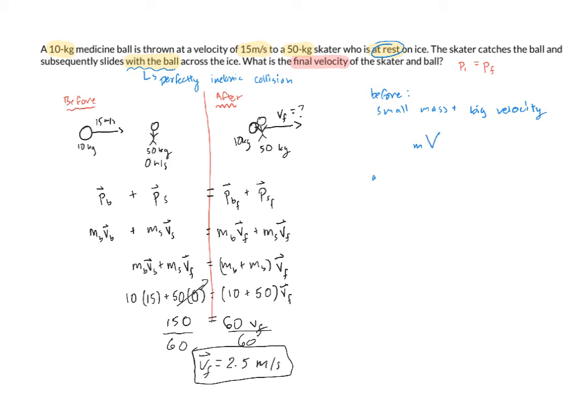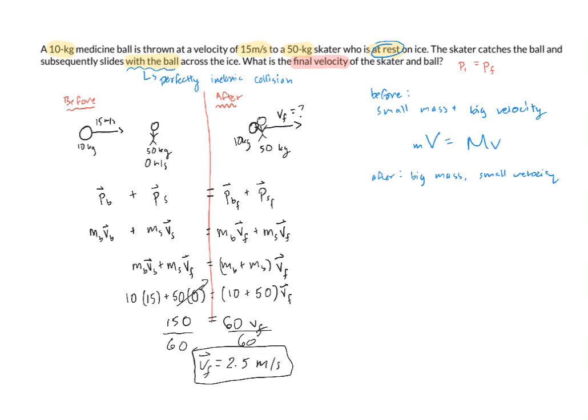After, we have a big mass and a smaller velocity. So equals big M times little v. And so this should balance out, right? So as your mass increases, your velocity will decrease in order to ensure that your total momentum is the same.